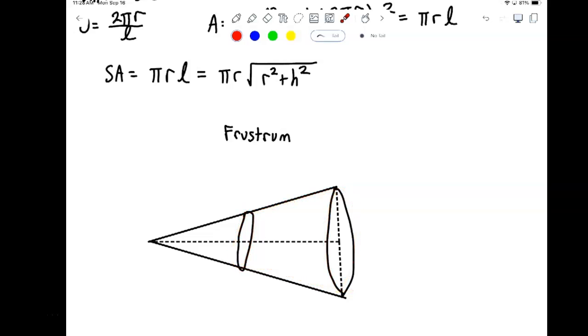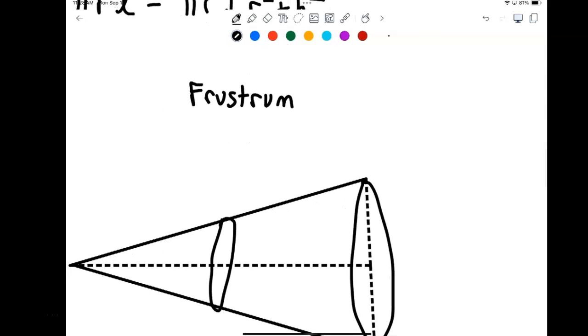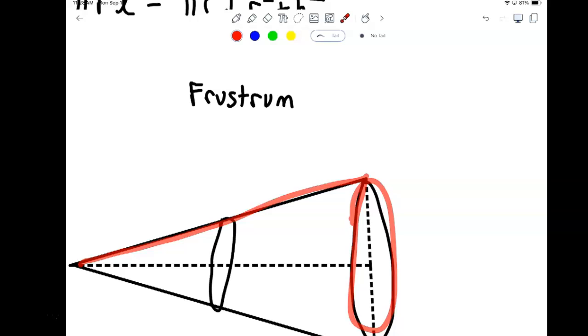Okay, so we need a little bit of information here. Notice that this side of the cone is a straight line, so we could generate the cone by taking that straight line and revolving it to get the solid that's a cone.